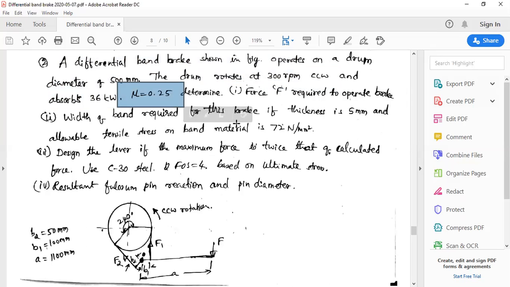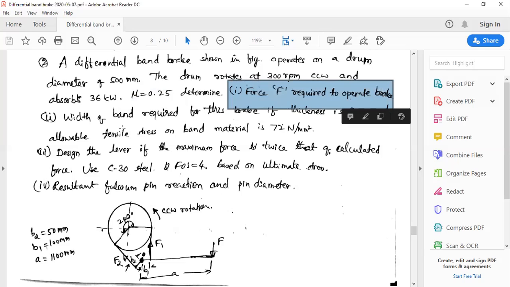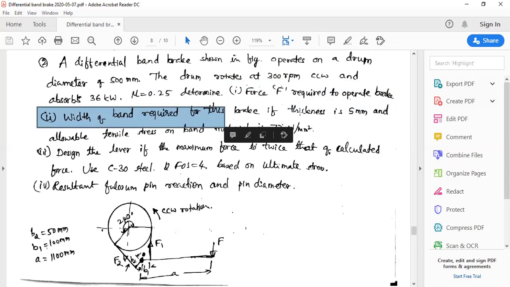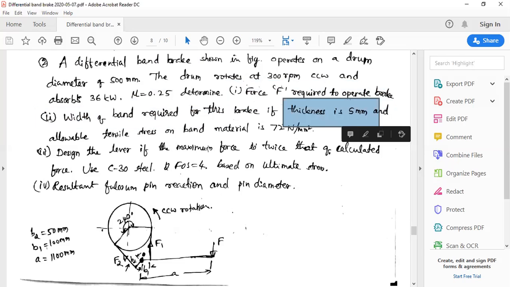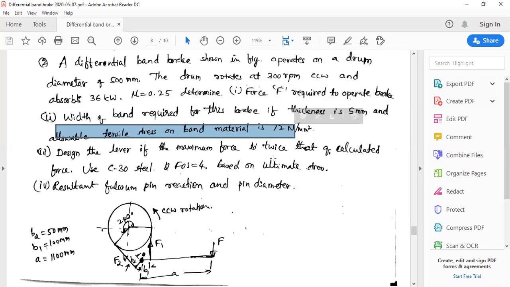Here we have to determine the actuating force F, then the width of band required for this brake, and thickness is 5 mm. The thickness value is given, the width B is to be determined, and also the allowable tensile stress in the band material is 72 Newton per mm square, that is sigma d.